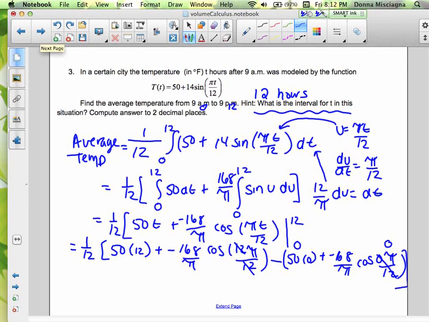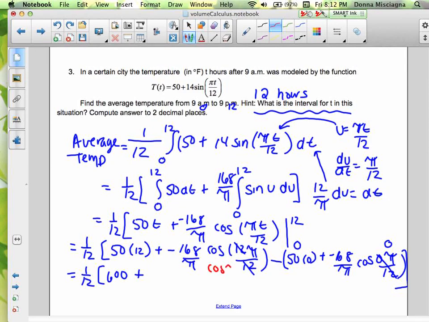You can just simplify right there, because it's pretty easy to figure out that if you multiply by 0, you're going to get 0. So 50 times 12 would be 600 plus, and now we have, I don't want to extend the page too much, let me squeeze in here cosine pi.